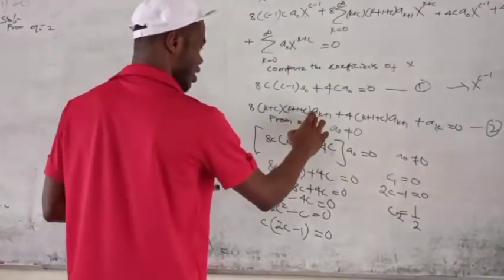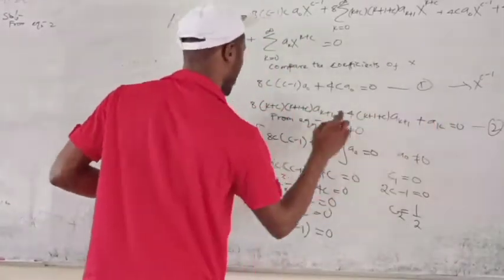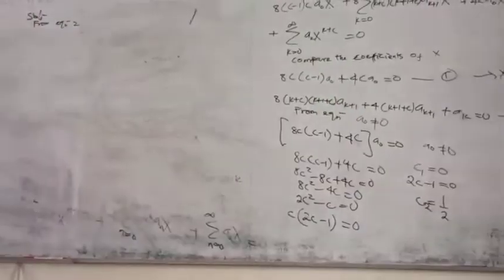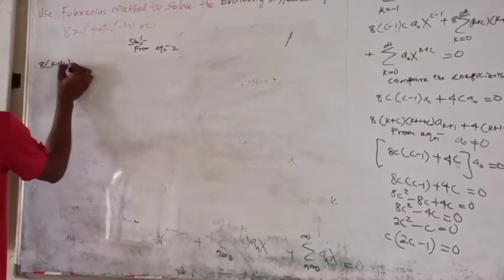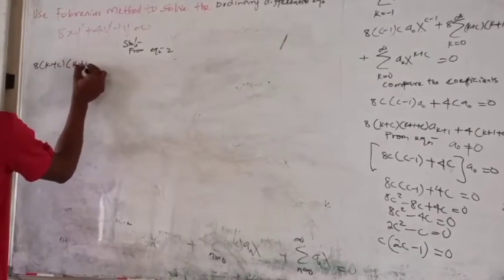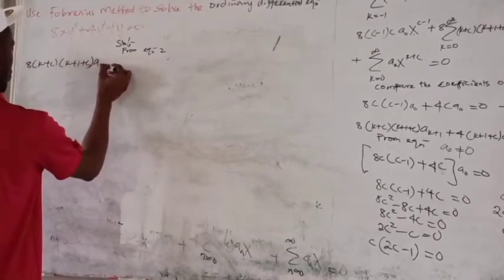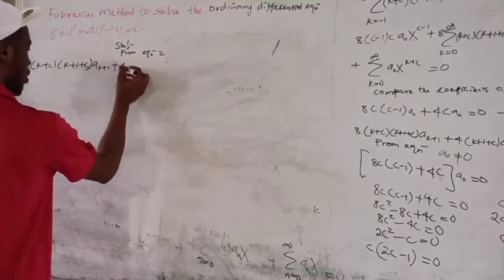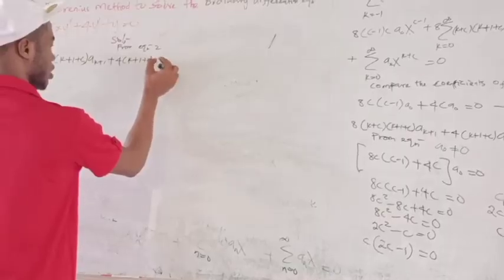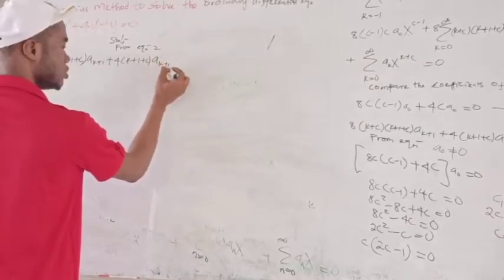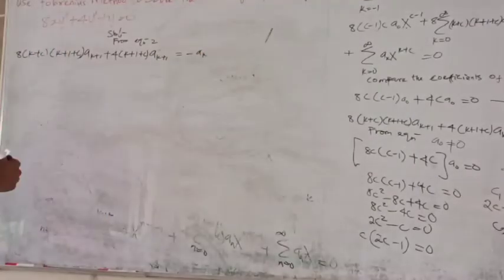So since a subscript k + 1 is greater than a subscript k, I will take a subscript k over by making this one the subject of the formula. By doing that, I have 8(k + c)(k + 1 + c)a_{k+1} + 4(k + 1 + c)a_{k+1} = -a_k.